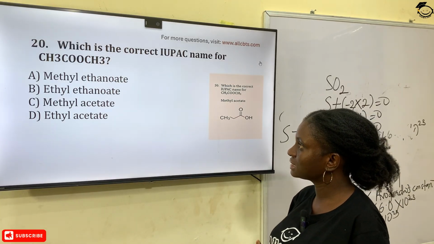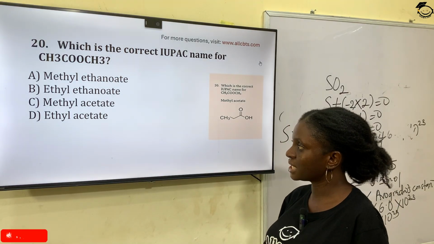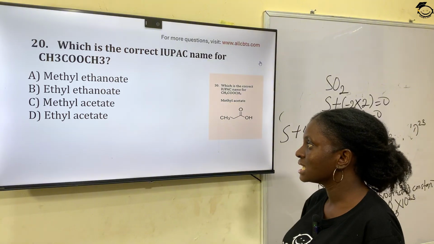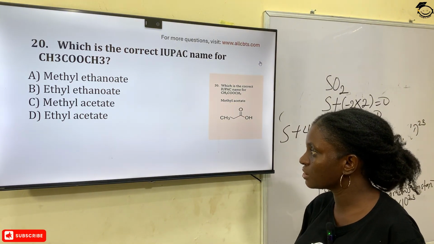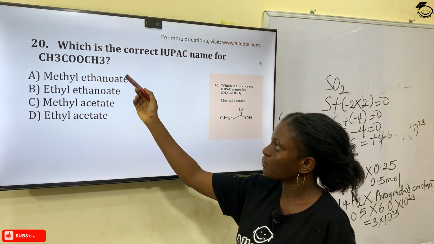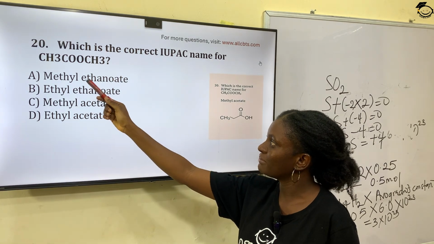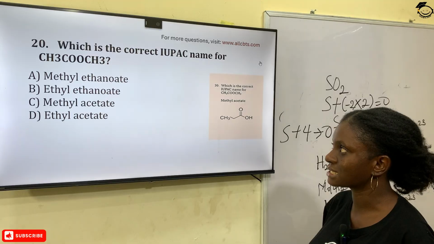So let's see the options. A, methyl ethanoate. B, ethyl ethanoate. C, methyl acetate. D, ethyl acetate. Because it has alcohol with methyl, it is methyl ethanoate. Option A is the correct answer.